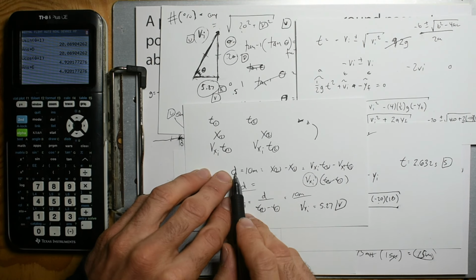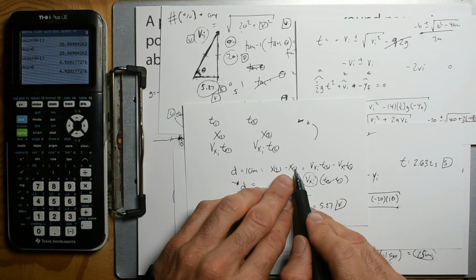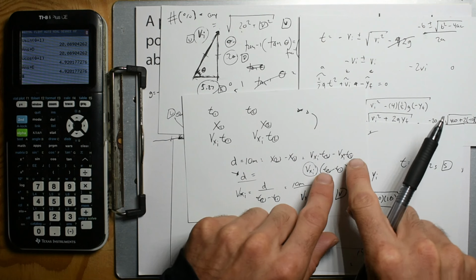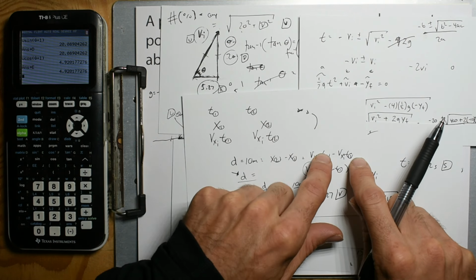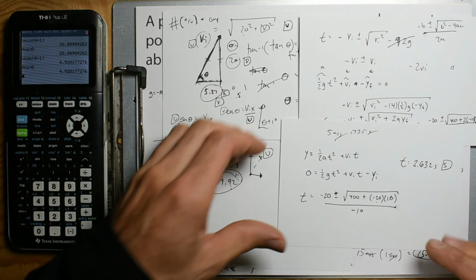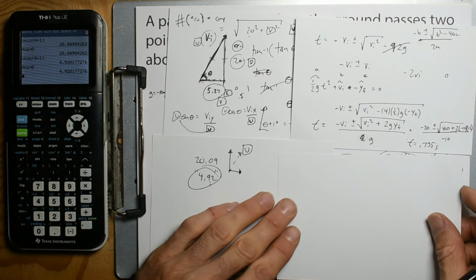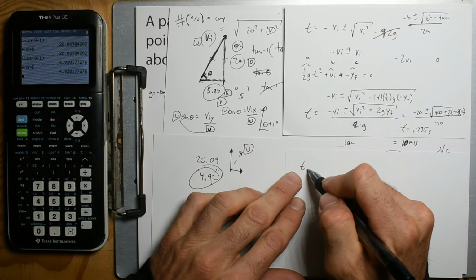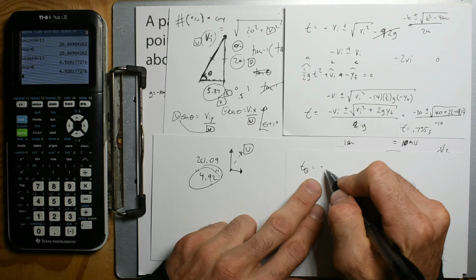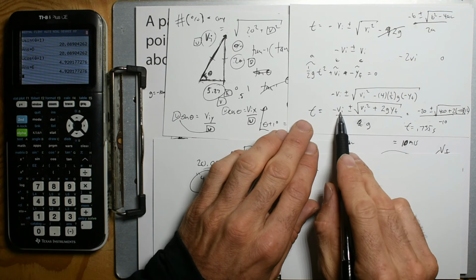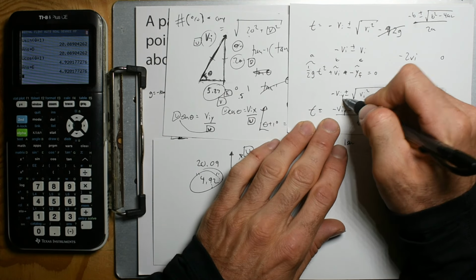So this distance equation is x2 minus x1. I know my velocity in the x direction. I need to find my time 1 and my time 2. So yeah, that's Pythagorean's theorem, and that's going to be this equation. My time 1 is going to be negative, and when we were doing this, velocity initial was in the y.